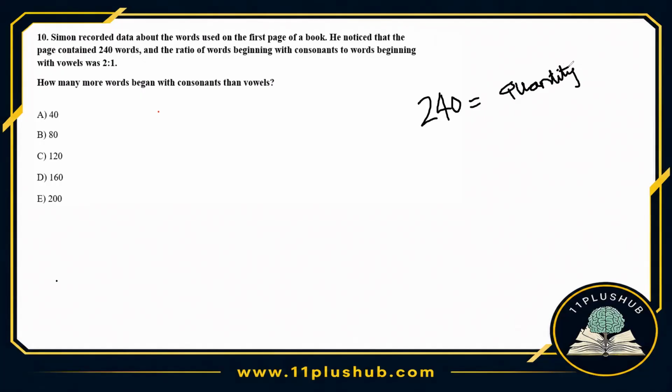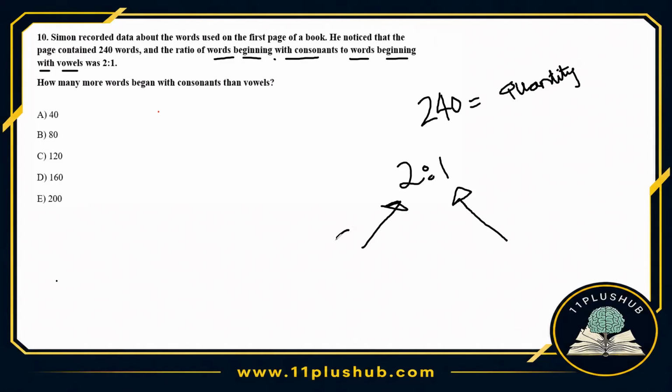Now, these 240 words are shared out at a ratio of 2 to 1. And remember, ratio is written respectively. So where it says words beginning with consonants first, and then words beginning with vowels, it means that the consonant words belong to the 2 parts of the ratio, and the vowel words belong to the 1 part of the ratio. So where do we go from here?